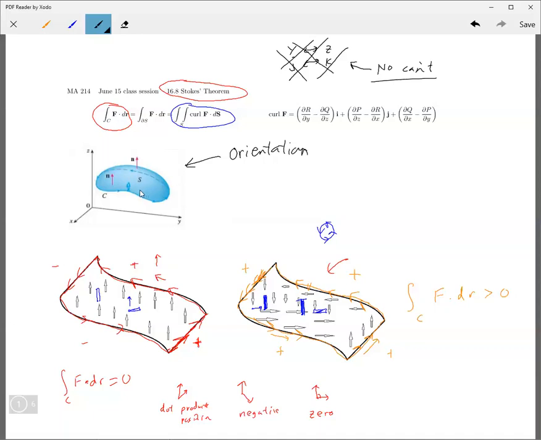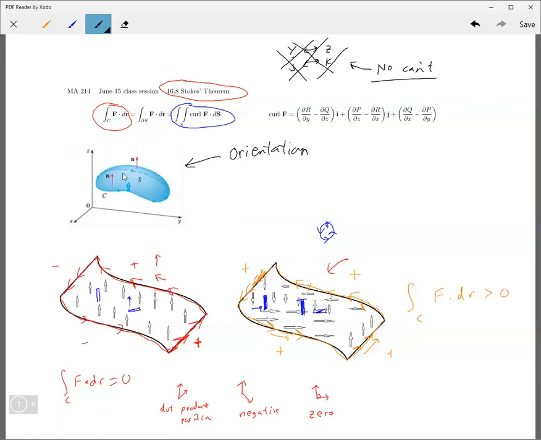Essentially, if the Z direction is up, this is the top of the surface. There's a guy walking right here, you can kind of see that. The top would be where the guy looks up. So this is the top, and the bottom is underneath.